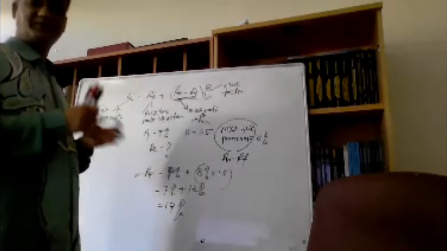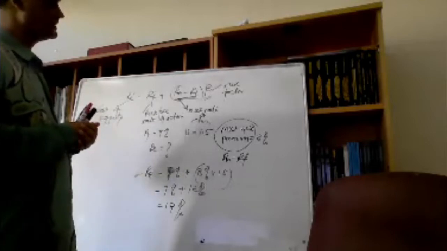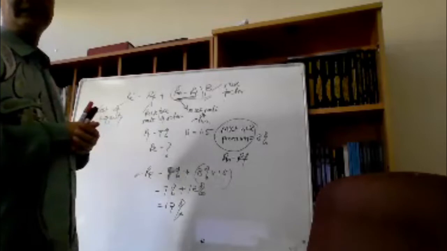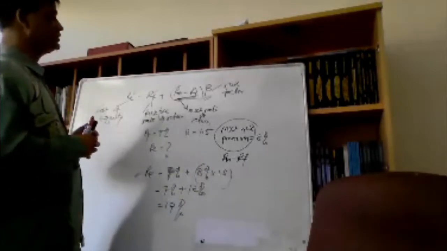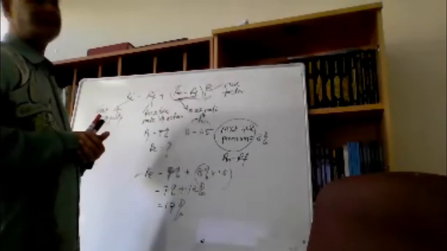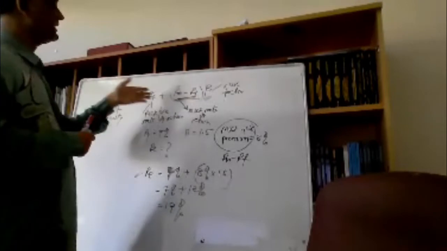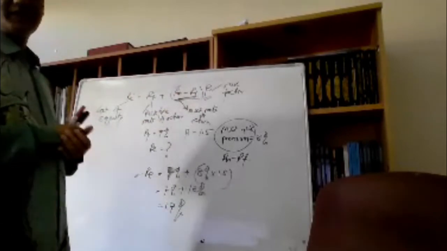In real business, we have many kinds of data available. Then we calculate the market rate of return, the risk factor, and all that. So some other data needs to be collected. But as a student, for you to do calculations, this data is basically given. Either you are given RF, RM, and beta, or you are given RF and market risk premium. In that case, you'll be using this formula. Okay.